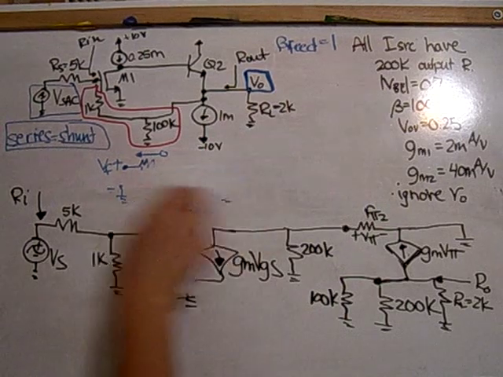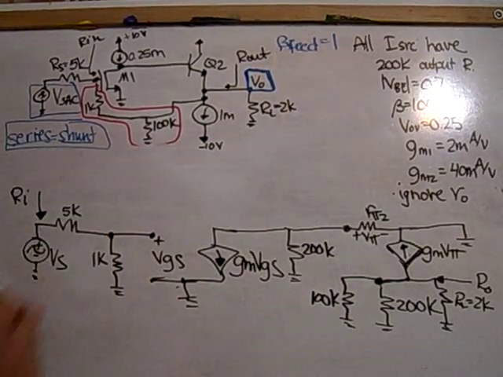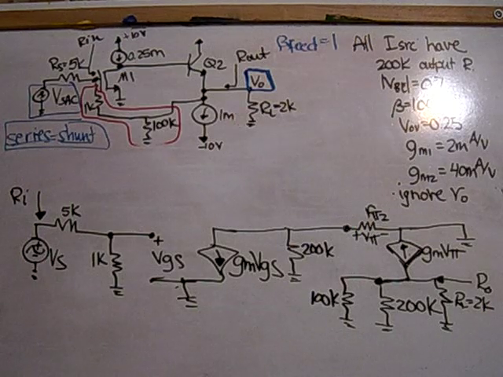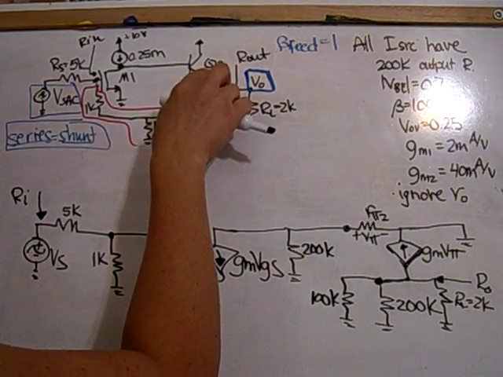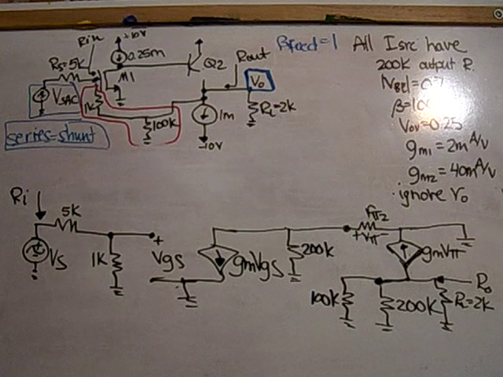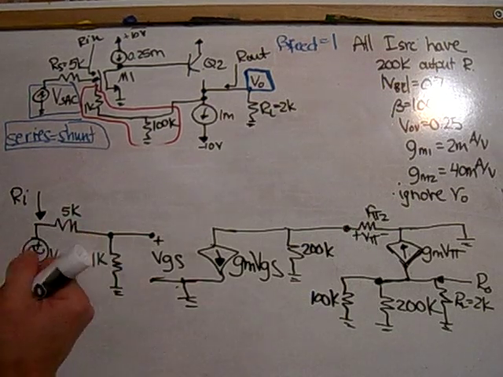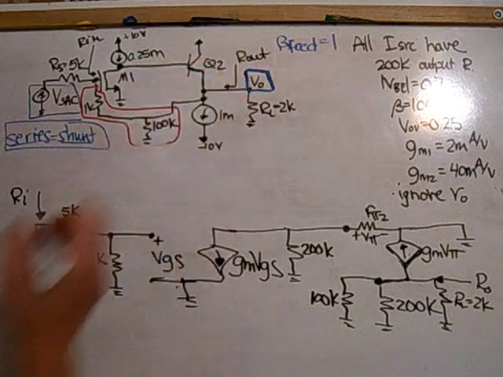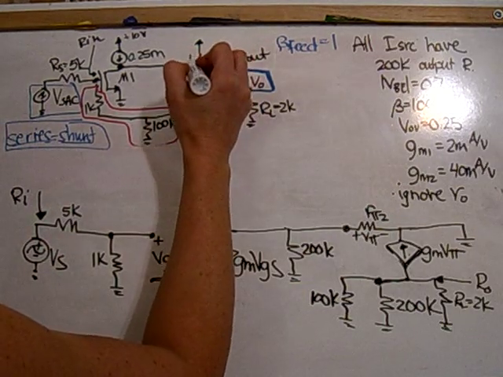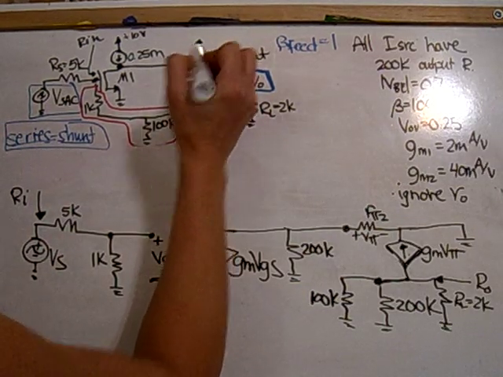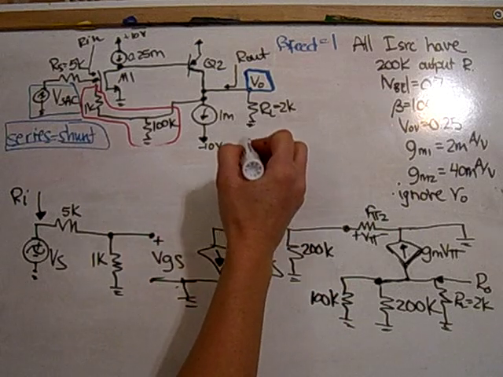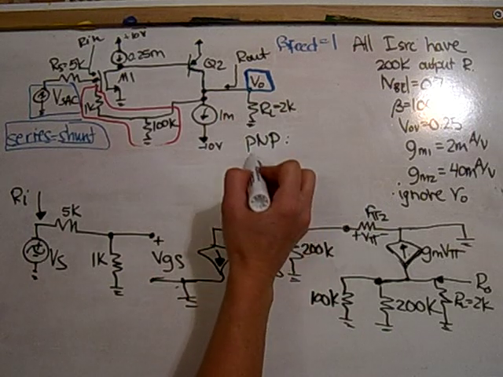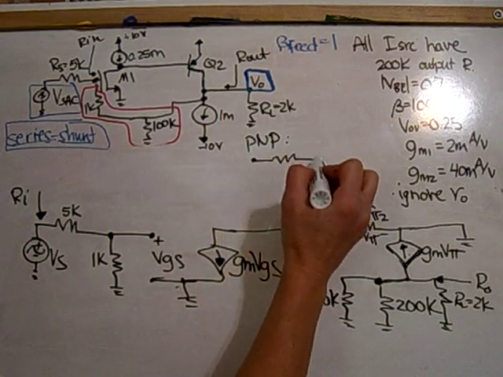So now that I have my small signal model, I want to let you recall that for a PNP, this was a PNP transistor instead of an NPN. I have the model for a PNP, the small signal, recall, can be written looking like this.